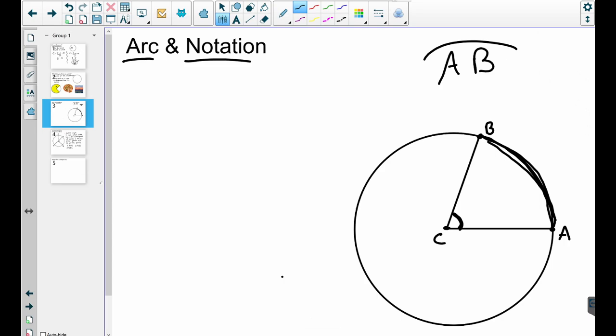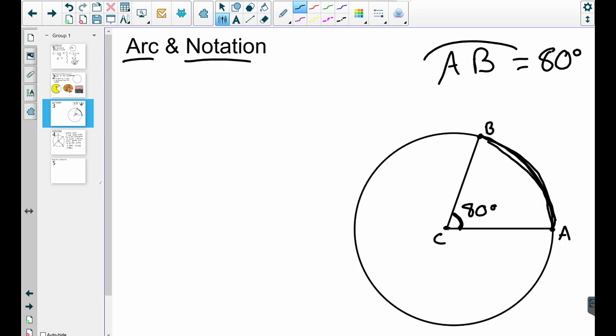So if the central angle, let's say this central angle equals 80 degrees, the arc it creates is also equal to 80 degrees. So in this case, arc AB would equal 80 degrees. And it's as simple as that.